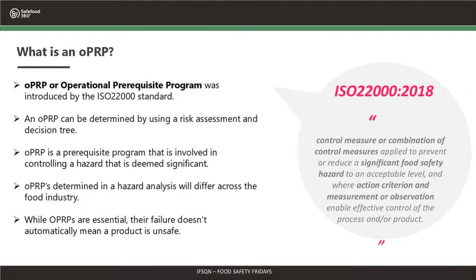Essentially, an OPRP can be determined by using a risk assessment and a decision tree, which we're going to look at later on. An OPRP is a control measure deemed crucial, but not considered a CCP. A CCP is a critical control point, which we're going to look at next.